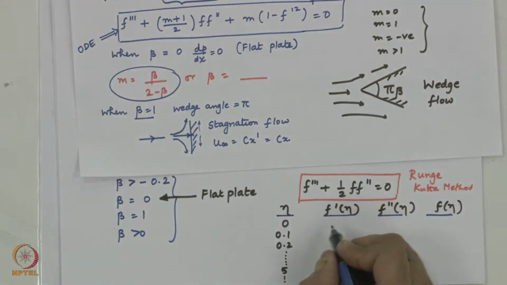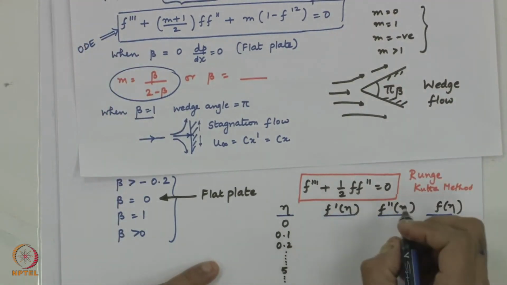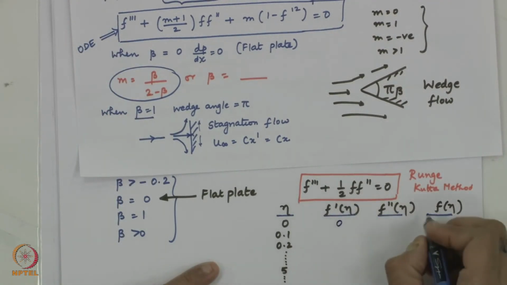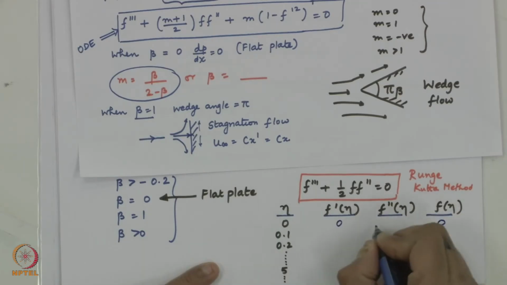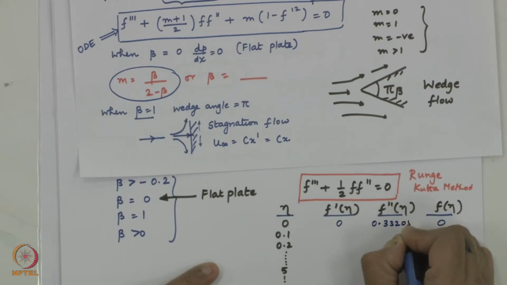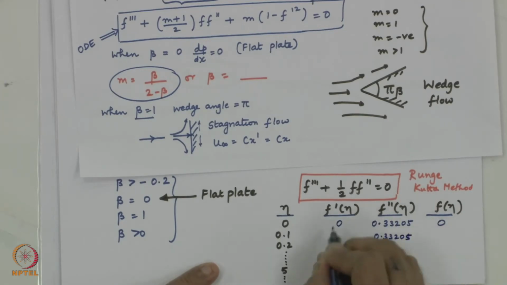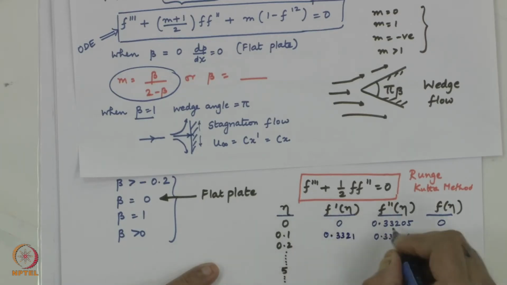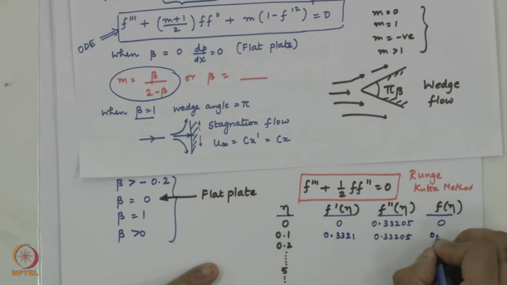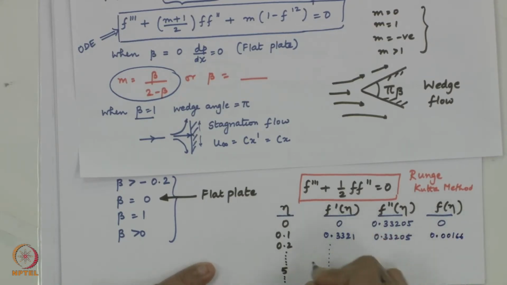So, you get for eta equal to 0, f prime is 0, f is also 0, f double prime is 0.33205. Next, f double prime is 0.33205, f prime is going to be 0.3321, f is going to be 0.00166, and you generate this table.